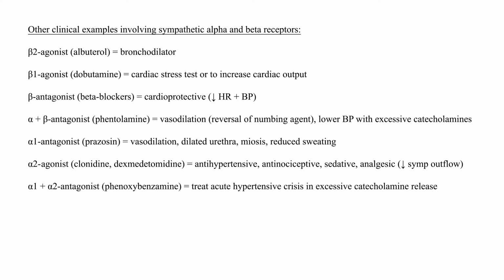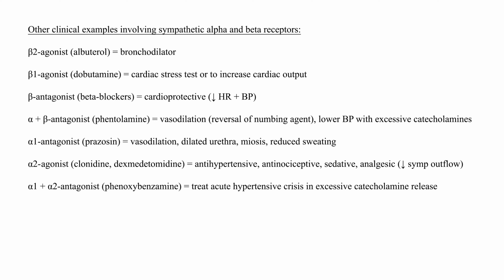So use epinephrine only in tissues that are well vascularized, but it essentially makes the numbing agent stay longer. When you use phentolamine, it is an antagonist of alpha-1 receptors, for example, and it can cause this vasodilation and effectively wash out the numbing agent and reverse its effects faster.